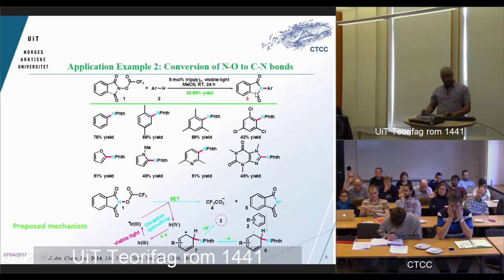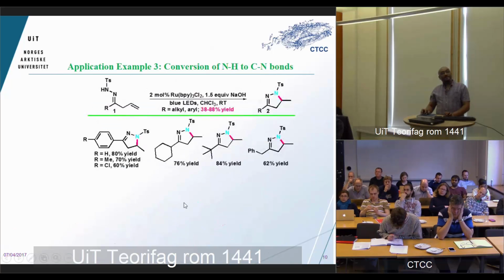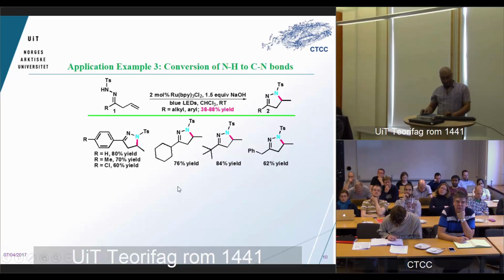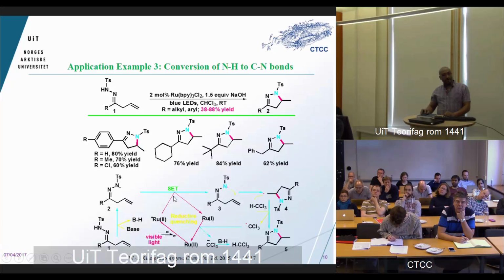The third example I have is the conversion of the nitrogen-hydrogen bond to a carbon-nitrogen bond in these reaction conditions. This is an internal cyclization reaction, and again they got very nice yields. The mechanism proposed for this reaction is this one.